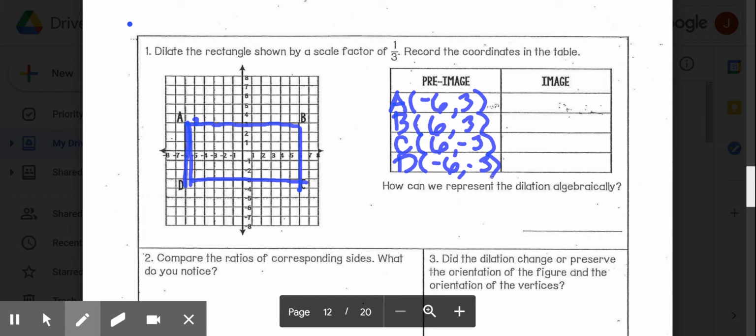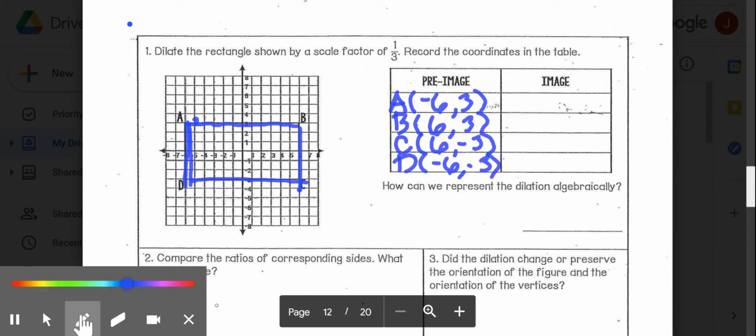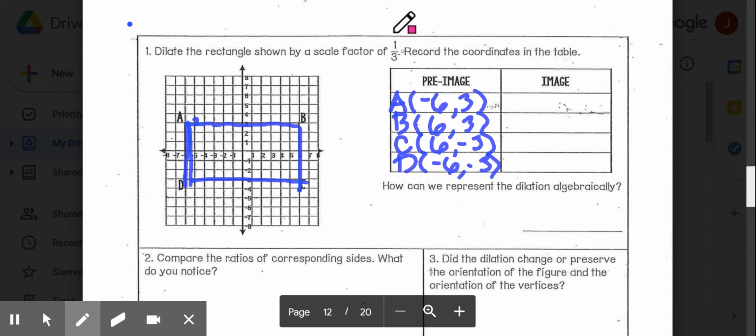So if we know that that's our original figure, to get our new figure, we have to multiply each coordinate by that scale factor. So maybe make yourself a note about that on your page, that we're multiplying by the scale factor.